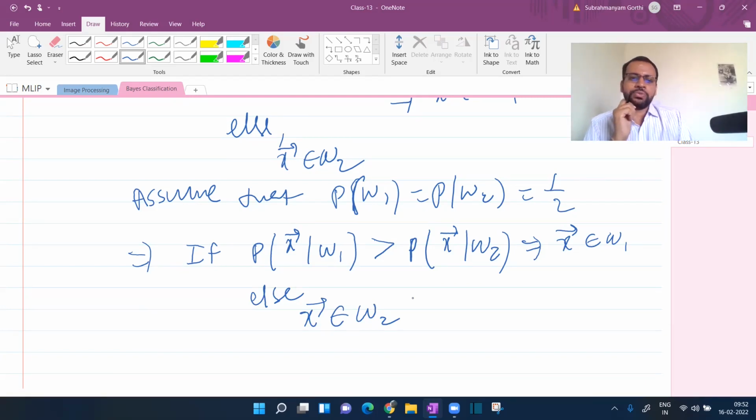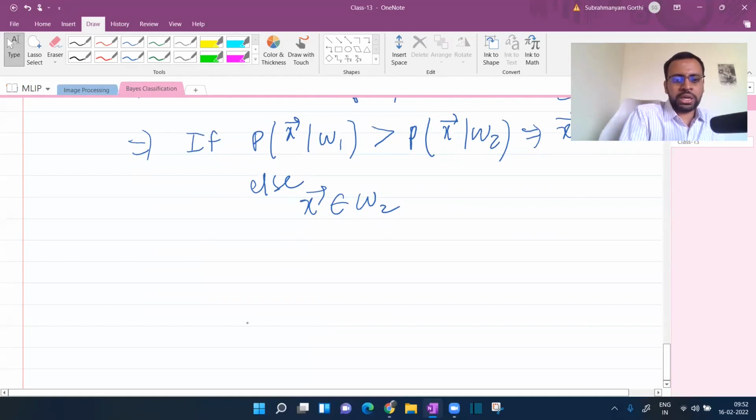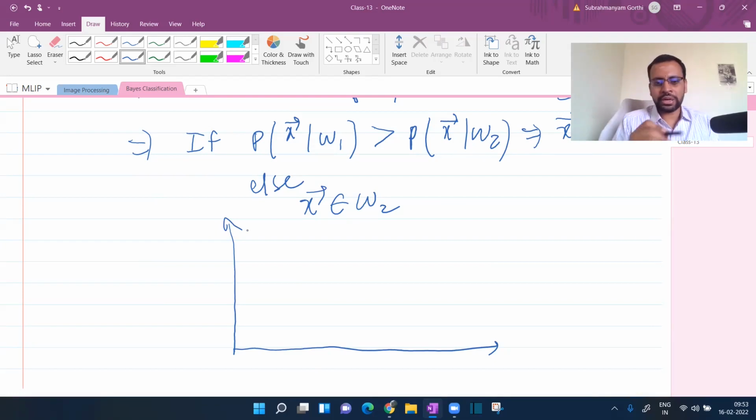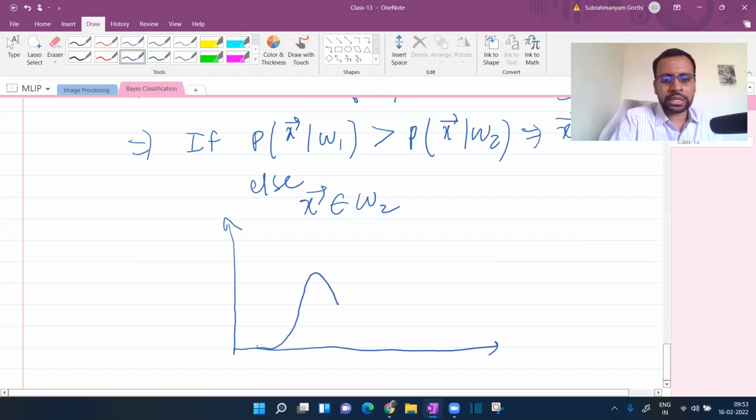So if you notice, we made a transition from posterior probabilities to likelihoods on the assumption that prior probabilities are the same for all the classes. That's what we did here. So again, let's just assume that we computed this. There are different ways to compute this. I will just tell you one Gaussian one, but we will deal with them in more detail later.